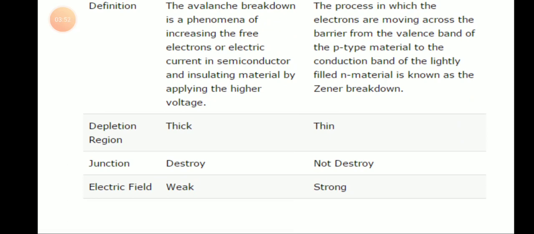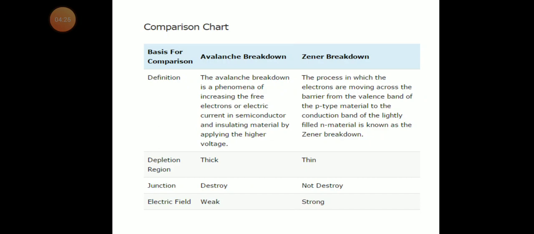With very high voltages it can destroy the junction, but in the Zener breakdown it does not destroy it. In the avalanche case also, we optimize so that it does not break the junction but operates at high voltages. Electric field: if the depletion layer is wider, the electric field is weak. If the depletion layer is thinner, the electric field is stronger.